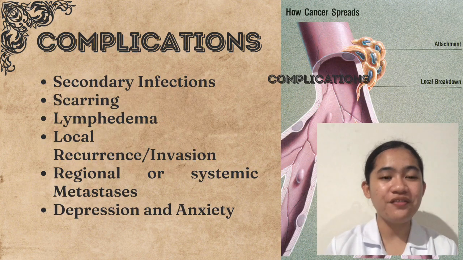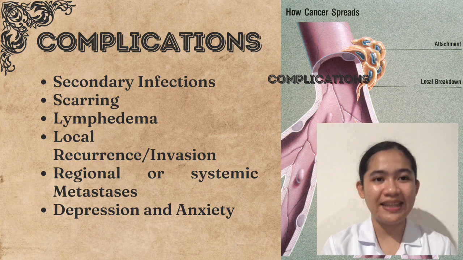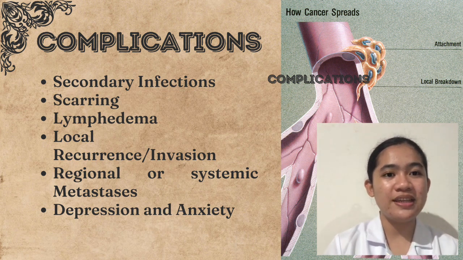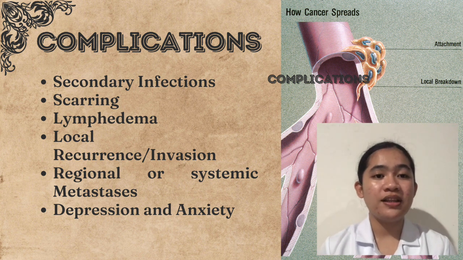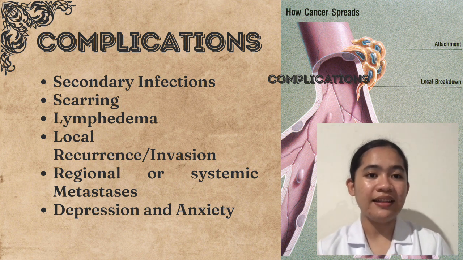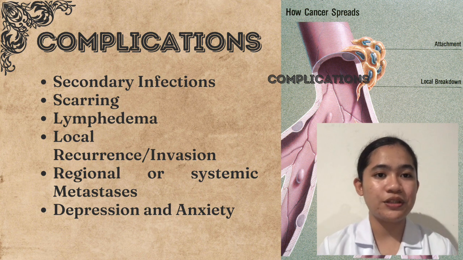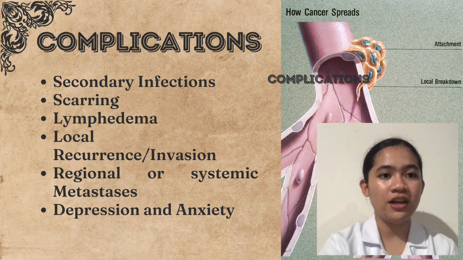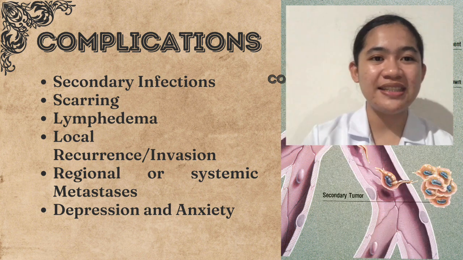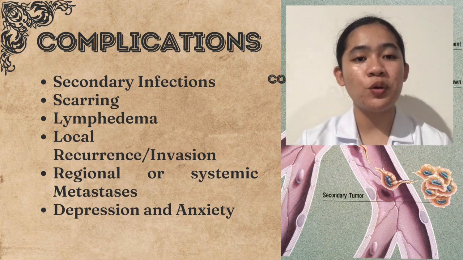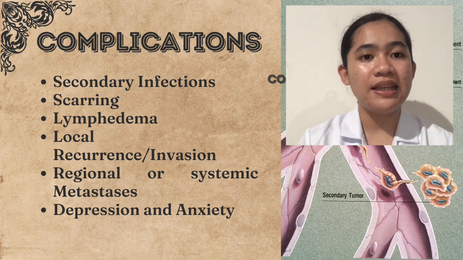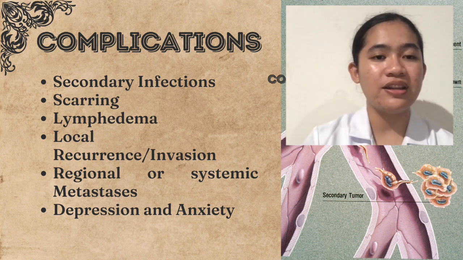And here you have the complications of a malignant melanoma. So these conditions or these occurrences happen when the skin cancer is already at an advanced stage. So here they are. And first, we have the secondary infection, which is an infection that occurs after the malignant melanoma has already transpired.